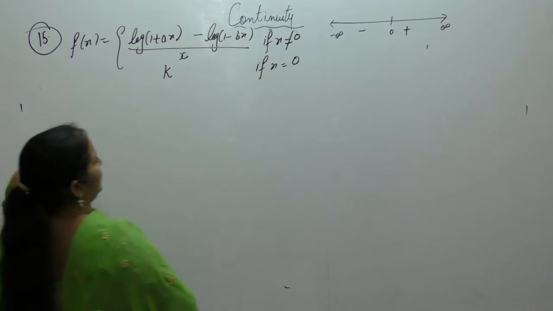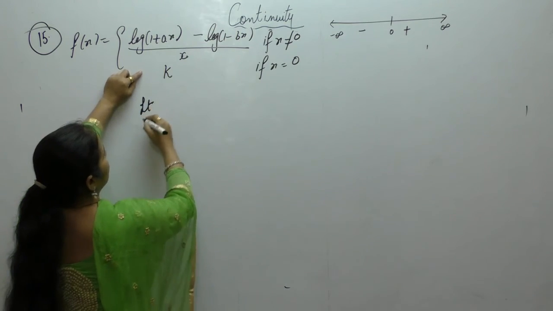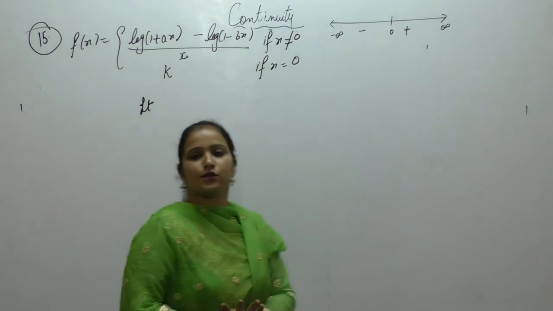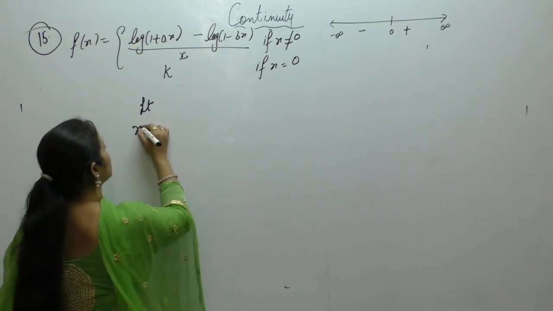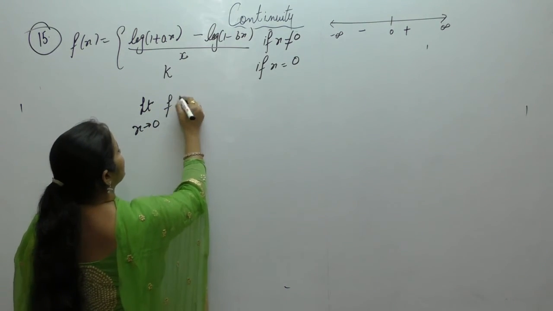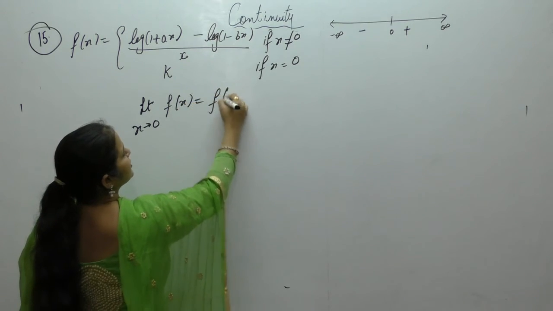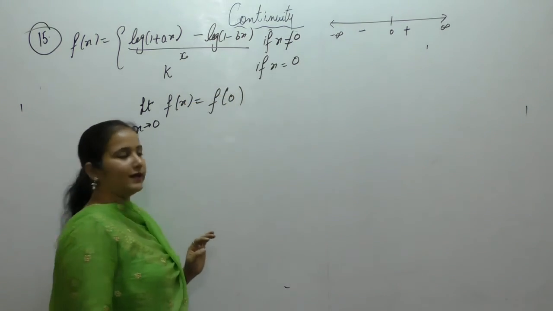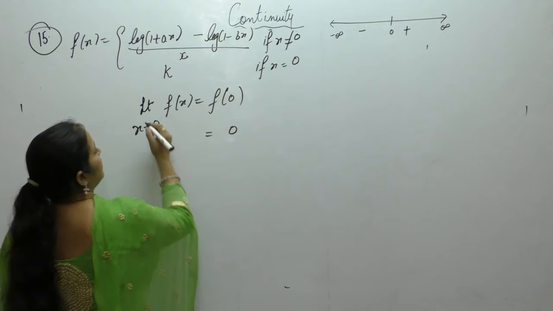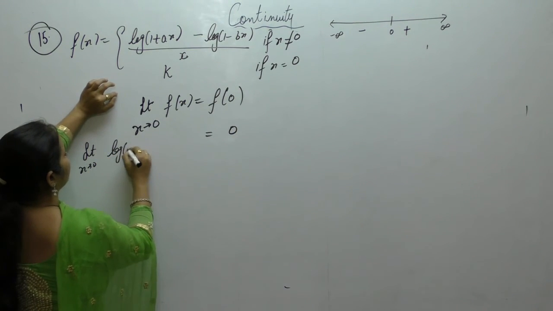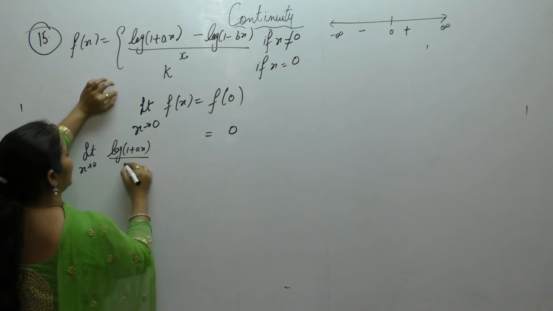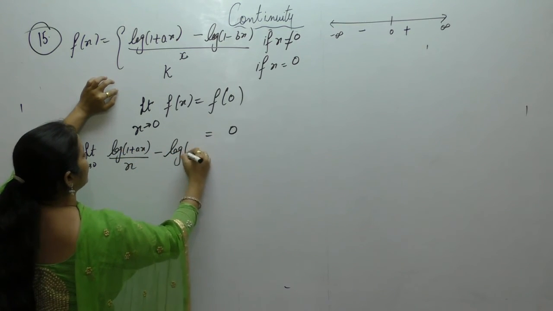It is given that function is continuous. Now for x less than 0 or greater than 0, the function is not different. So we will use this formula. Limit x tends to 0, f of x is equals to value of function at that point. Limit x tends to 0, log of 1 plus ax upon x.